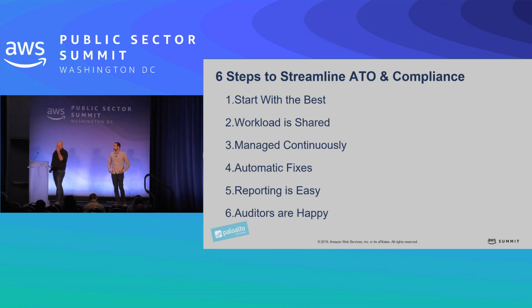This makes reporting easy, right? Because you no longer have to sit down and spend weeks or months figuring out what's changed. Has my configuration drifted? Am I following the standards that have been put in place by my CISO? This results in a happy audit, right?